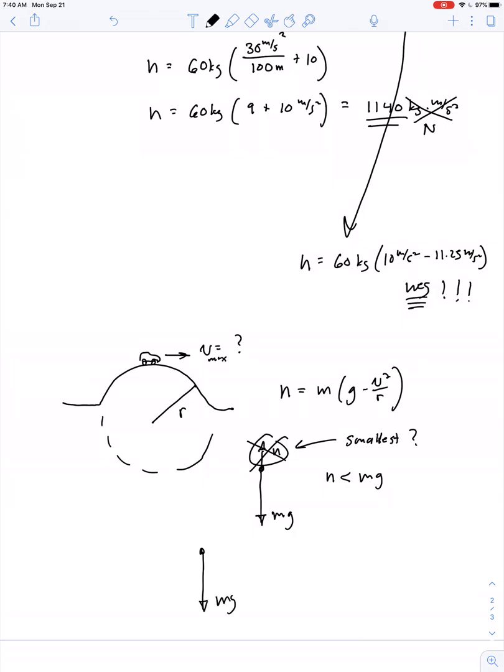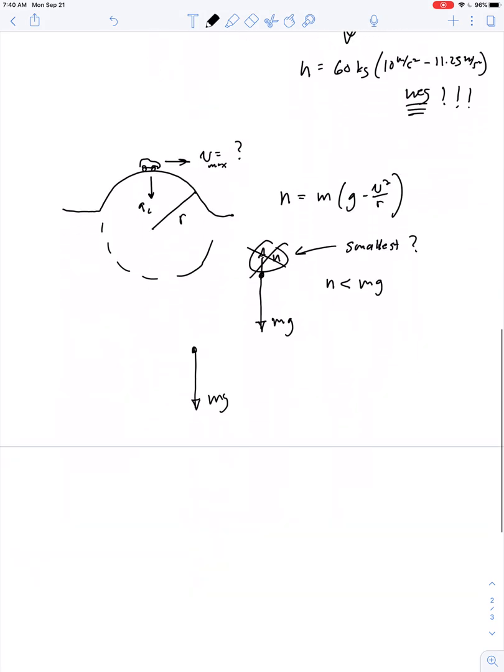Now that could work because we notice mg is a force that points which way? Yeah, toward the center of the circle. So as long as there's something to provide a centripetal force and allow for this centripetal acceleration, you're set. So this would be a case where you wouldn't have to rely on any amount of normal force.